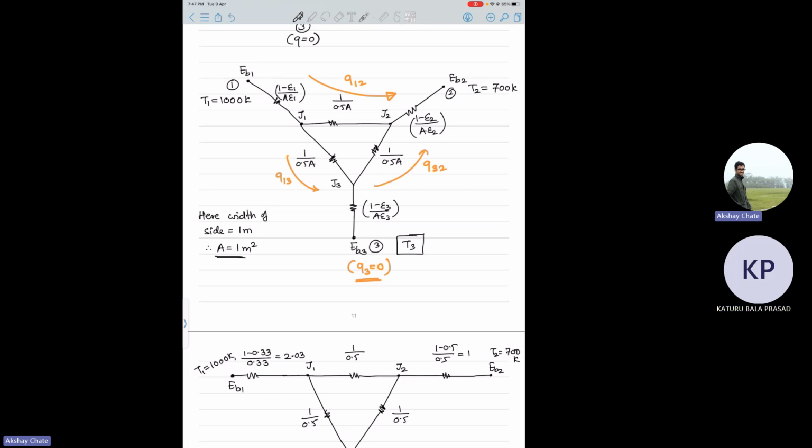In this case, what will be Q13 and what will be Q32? So whatever heat is coming from 1 to 3, it will flow from EB3 to J3 and then to EB3, right? EB3 to J1, EB3 to J2.